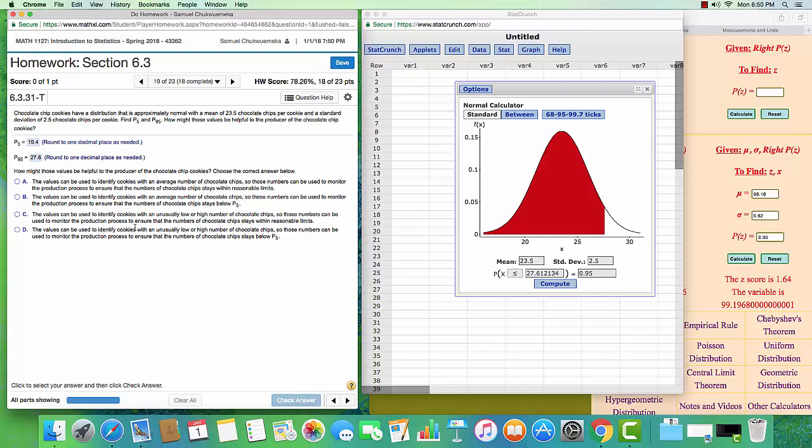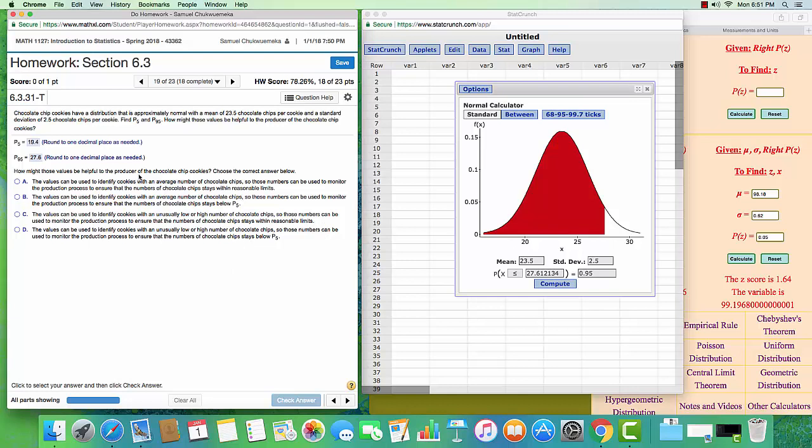How might it be helpful? I think the values can be used to identify cookies with an unusually low or high number of chocolate chips, so those numbers can be used to monitor the production process to ensure that the numbers of chocolate chips stays within reasonable limits.